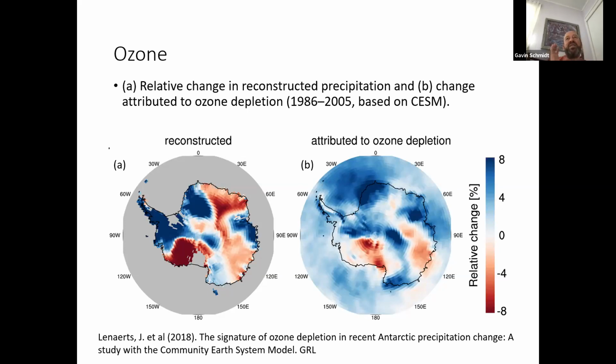So the point being that the models have historically had difficulties with the climatology of sea ice and things like that, and some things don't look quite right.